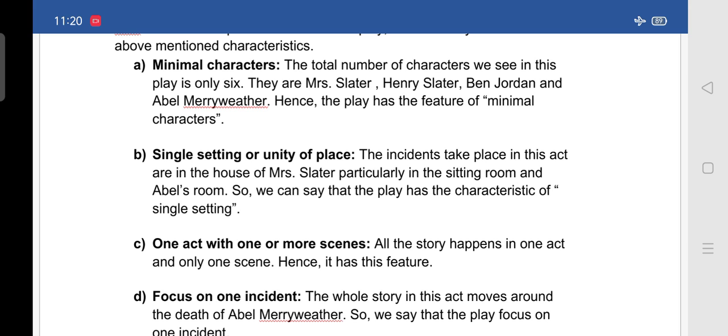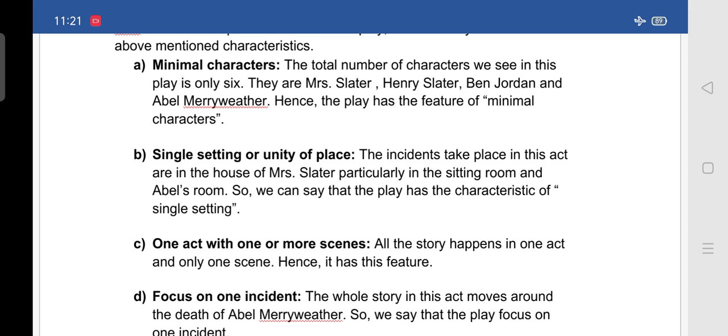Mrs. Slater, Henry Slater, Ben Jordan, Victoria Slater, Mrs. Elizabeth Jordan, and Abel Merriweather. Hence the play has the feature of minimal characters.